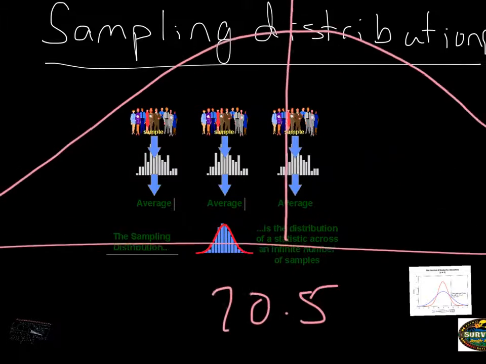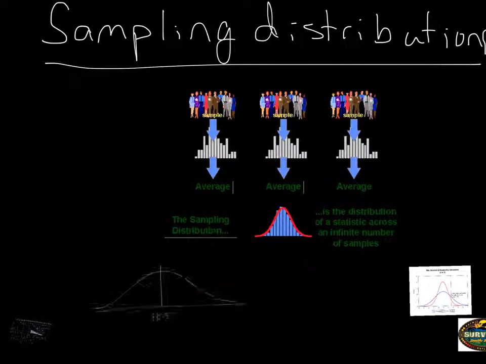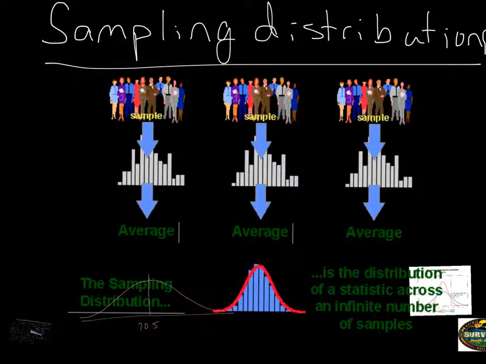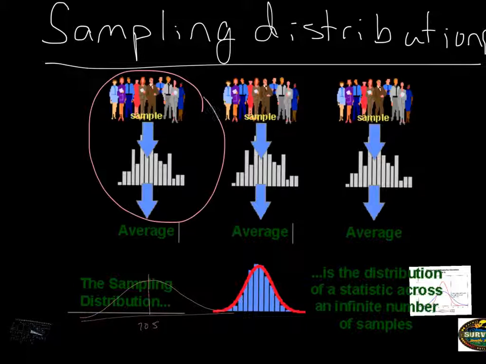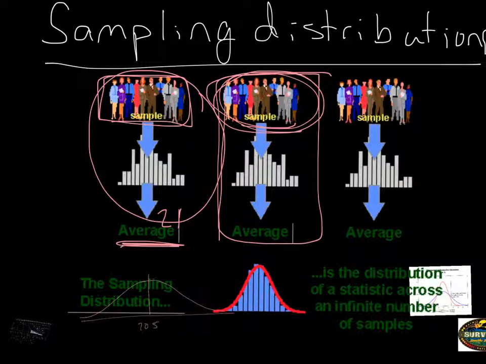I'm going to take a sample, and I'm going to get a mean from that sample. So I'll take my 25 students that took the test, and there'll be some mean of all of their test scores, like 21 or something. Then somebody else is going to take a sample of 25, the same number of people, and get a mean.